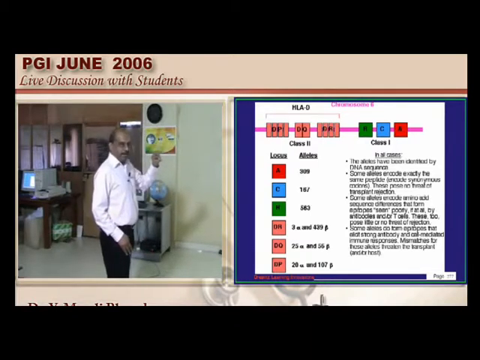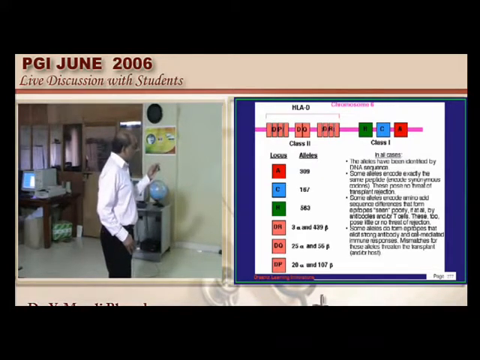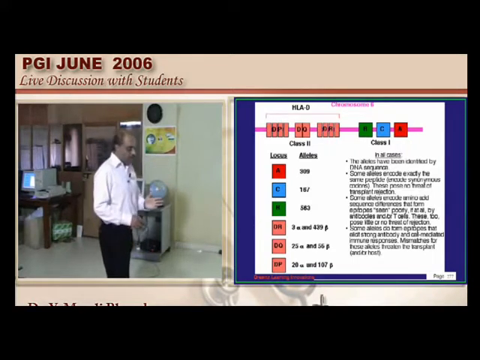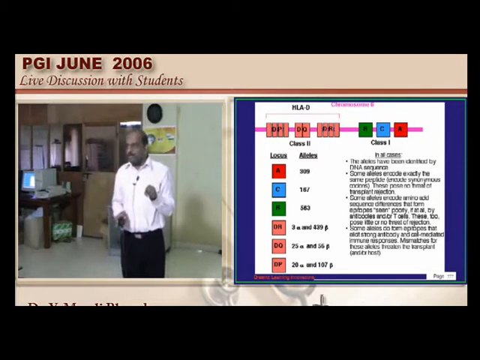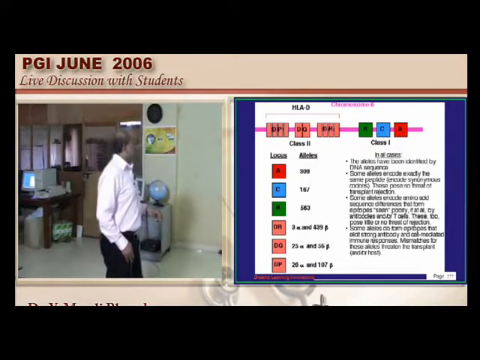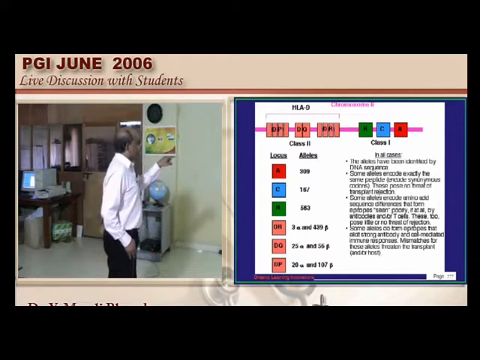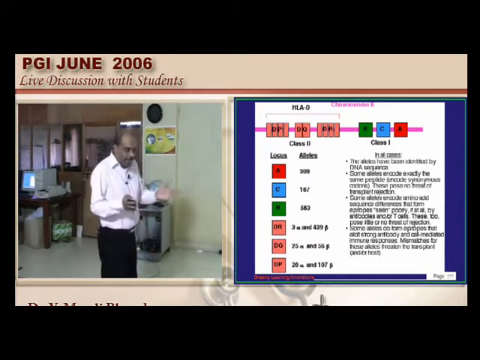Whenever this particular chromosome gets transmitted, there is no chance that this A1 can go and combine with B40. Every time A1 moves, it carries B37, because there is no splitting of A1 and B37 when that chromosome is coming from one parent, right? Even when the B5 and A3 from the mother come, that also cannot divide.